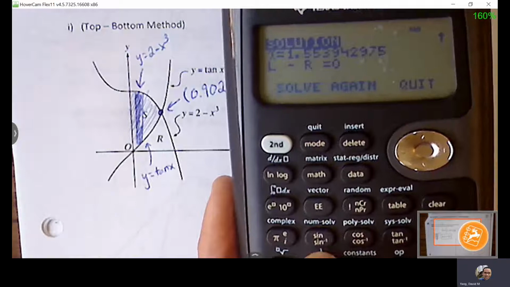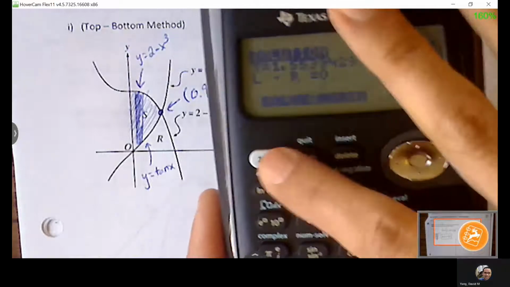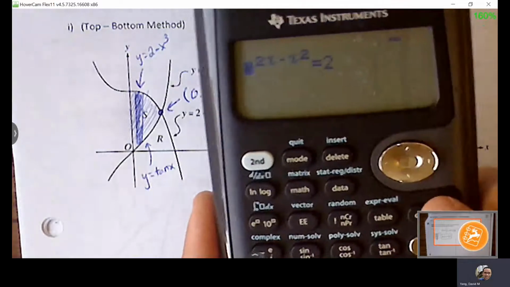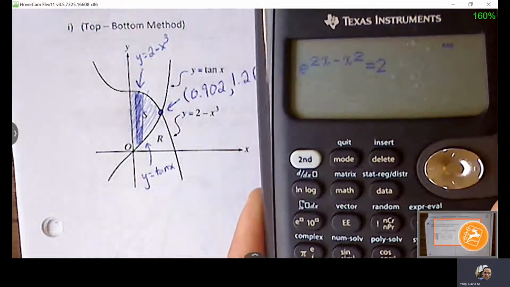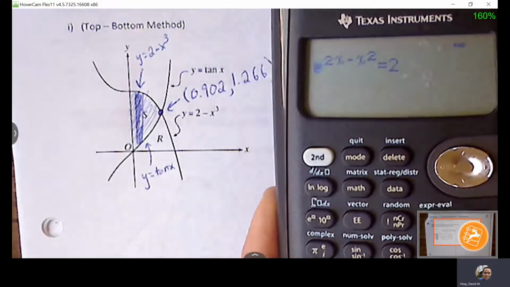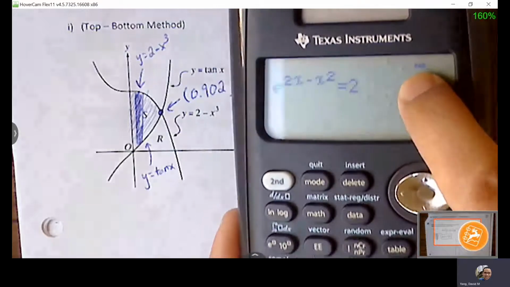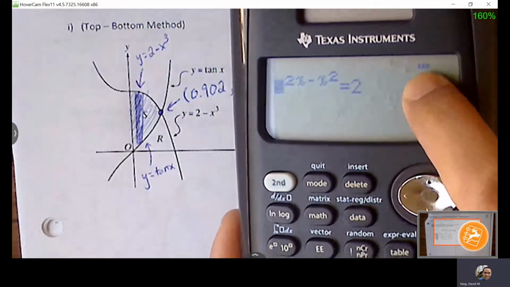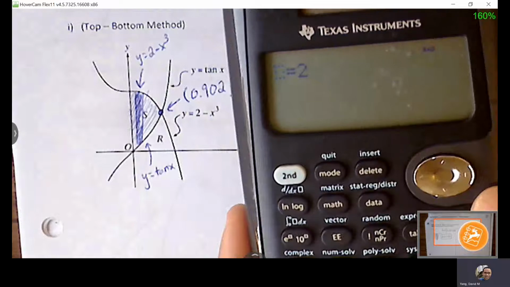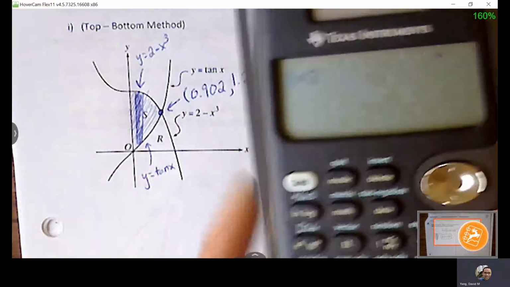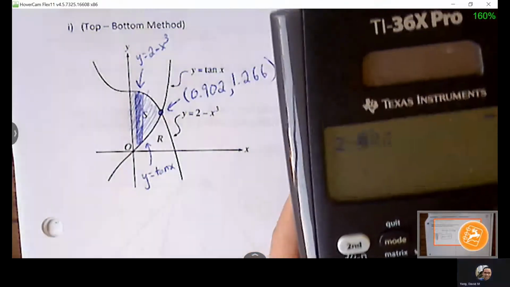So you do second sign, will take you to numsolve. And you're going to enter both equations and set them equal to each other so it can find that intersecting point. So you'll do 2 minus x cubed. Again, make sure that you're in radian mode, that you're not in degree mode here. So you're going to do 2 minus x cubed equals tangent x.